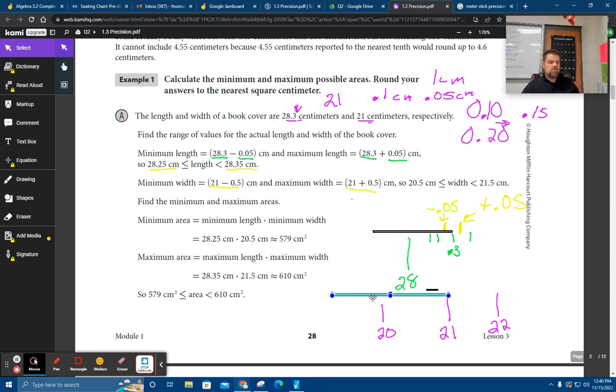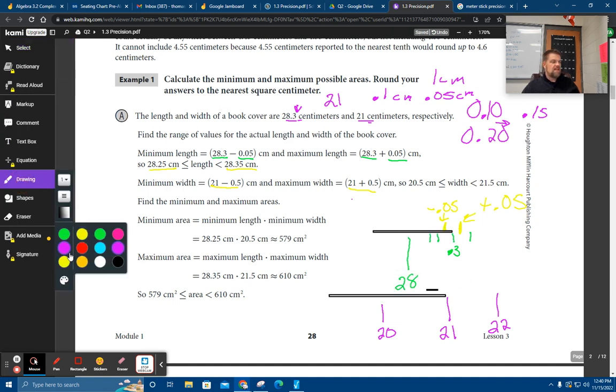And keep in mind, Mr. Adams is drawing this so it looks like we're zooming really far in. We're zooming really far in, but it might be a little over, it might be a little less. So in this case, a little less would be minus 0.05, and over here would be plus 0.05.